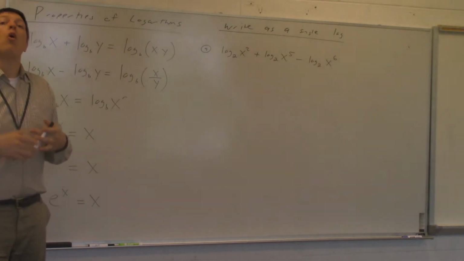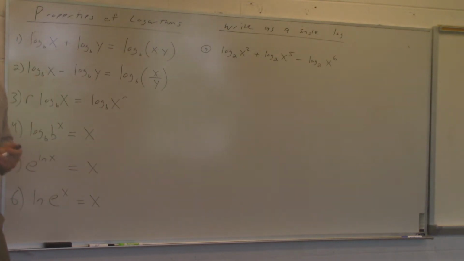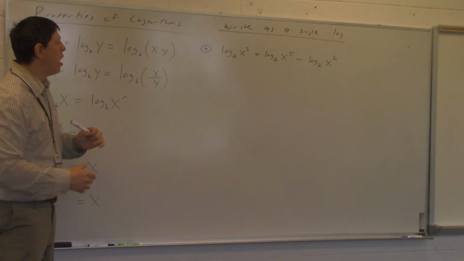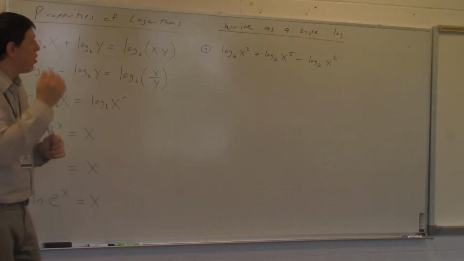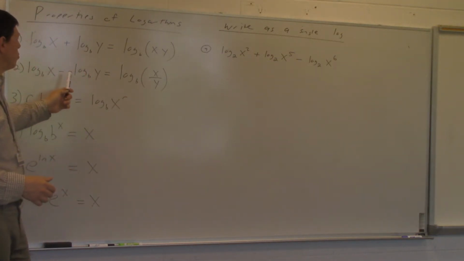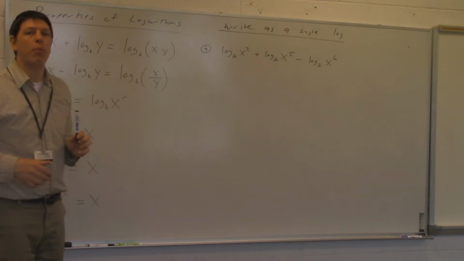Okay. What we can do first is take a look at rules number 1 and 2. Rule number 1 says that if I add 2 logs, I multiply whatever those operands are. And if I subtract 2 logs, I divide whatever the operands are.